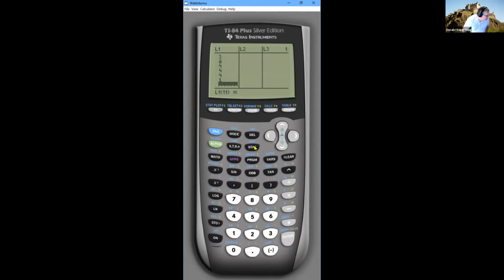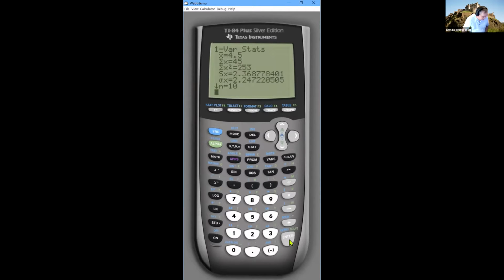And I'm going through the same stage that we did before, because all the guys we want, all the statistics as they're called, are in the same place. So start, move over to calc, choice 1, 1 variable statistics, and then blue button, 1. Looks good.